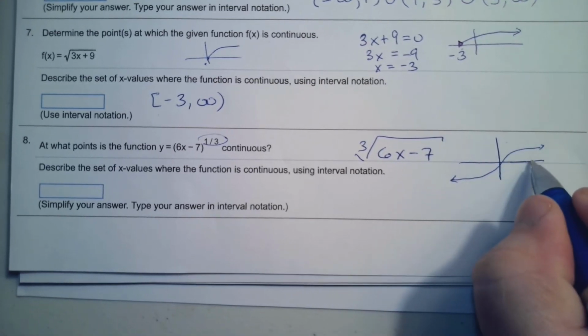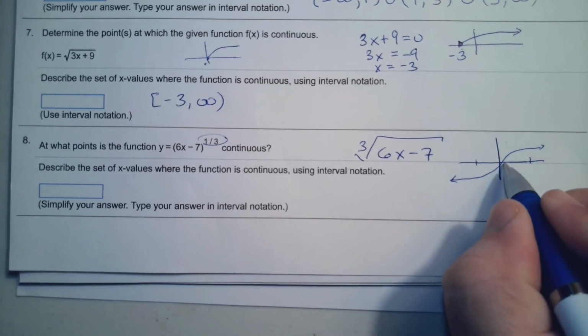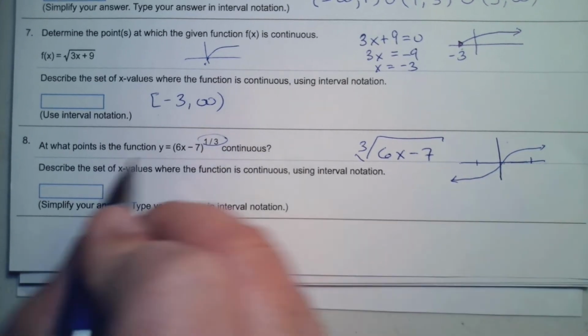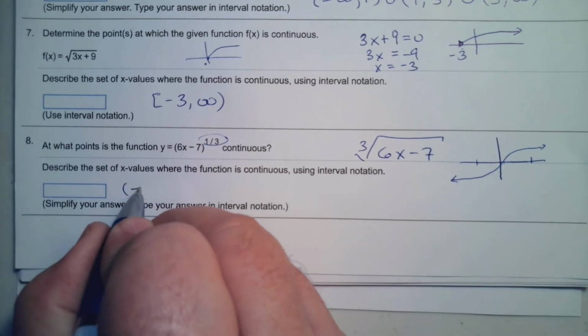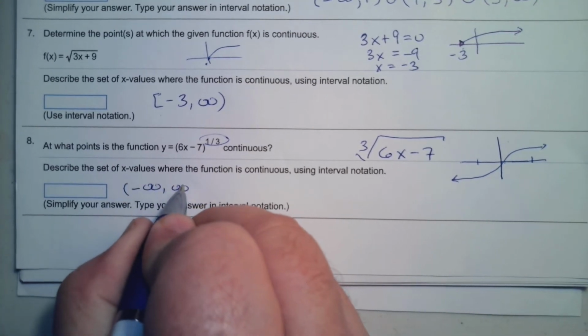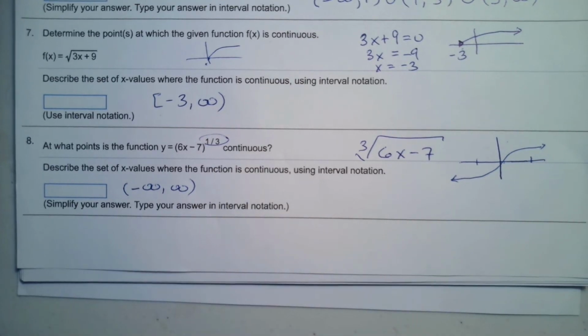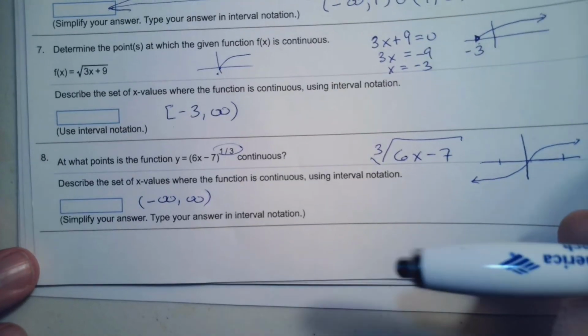The answers can be positive, negative, or 0. So because of that, cube root functions are continuous throughout the entire realm of the real numbers. Next one.